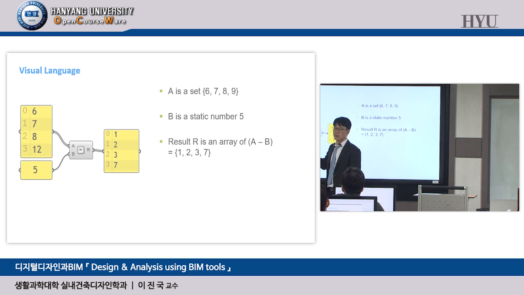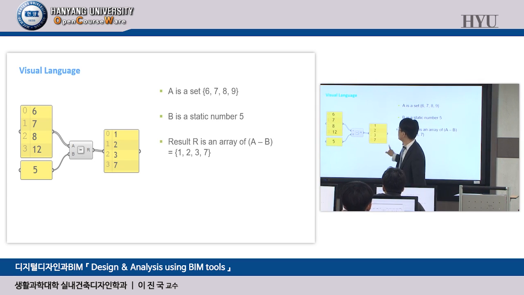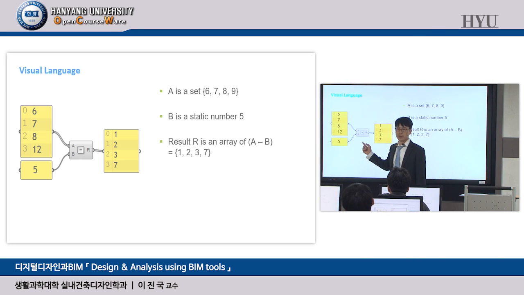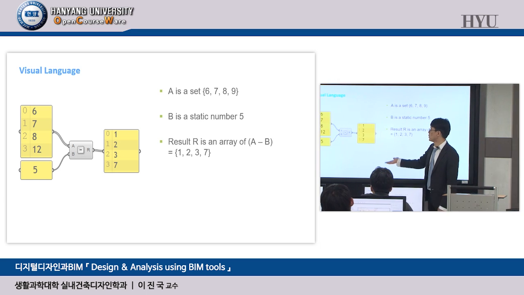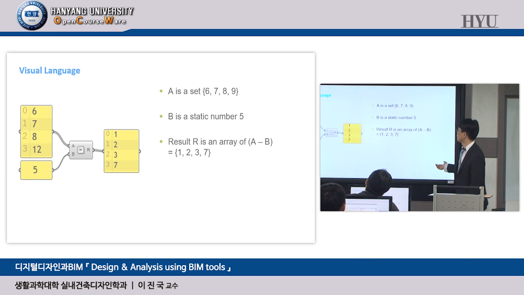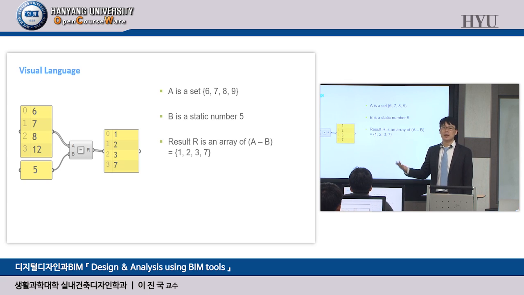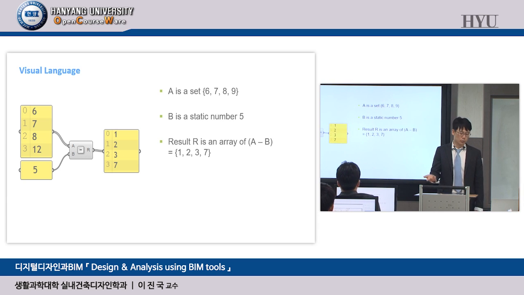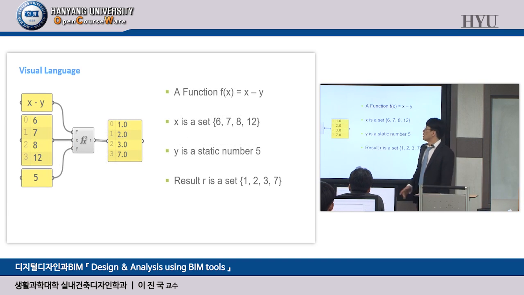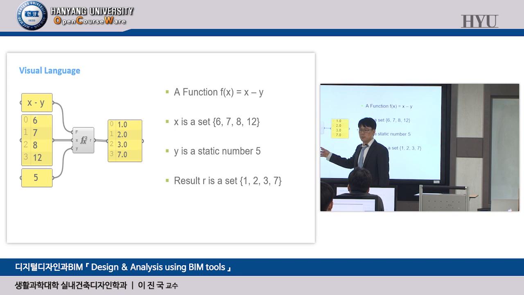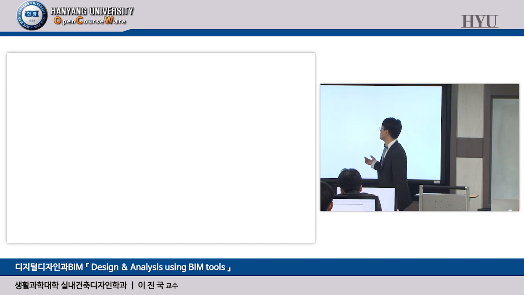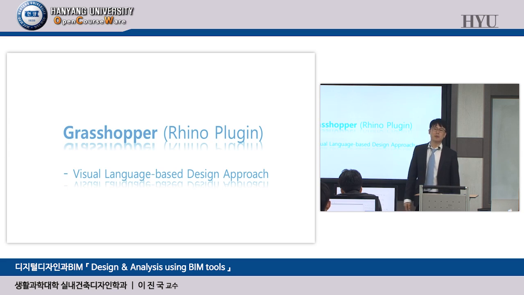Input placed on the left side, output placed on the right side. What is this one? This is an operator, okay? A plus B, A multiply B. That kind of definition can be manipulated by you, okay? This is a very simple example, but anyway, in the real world, they can be really complicated.